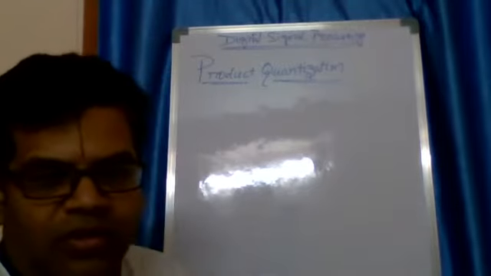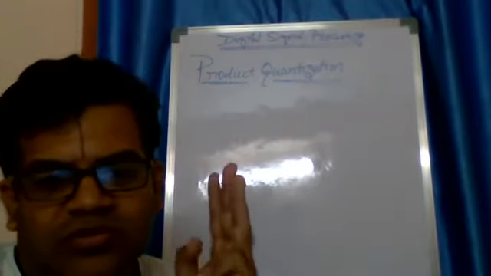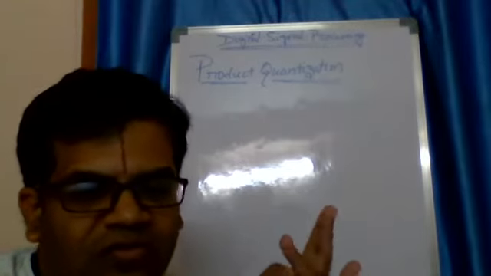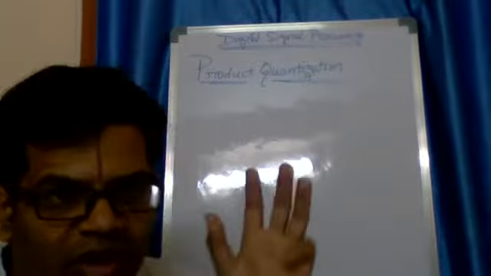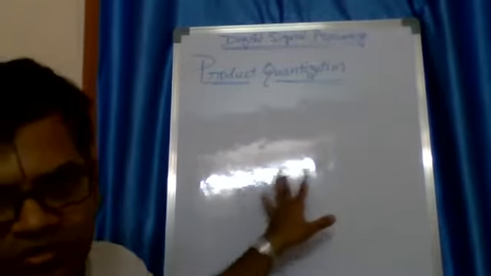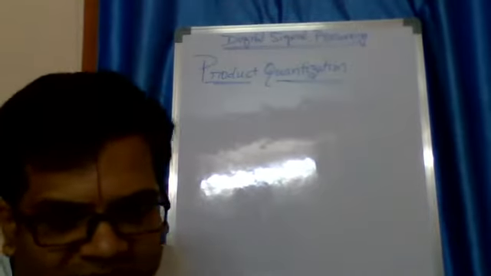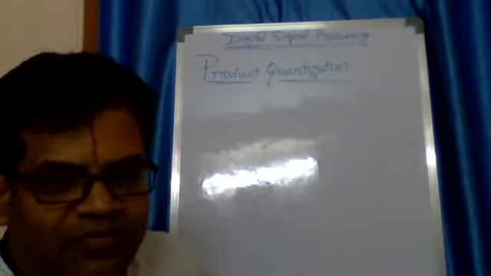So here in the realization, I told you we use three important parameters. One is a multiplier, another is an adder, and then we have the delay element. Here the concentration is on the product quantization, so we concentrate on the multiplier part of the realization structure.